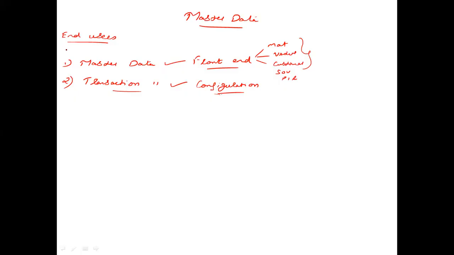The main difference is that master data cannot be transferred directly from one system to another, for example from one client to another client. We have another scenario, we'll speak about that later. But transaction data can be transferred from client to client using the transport request.